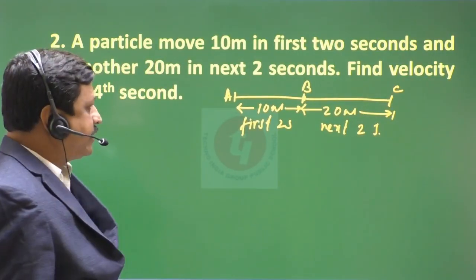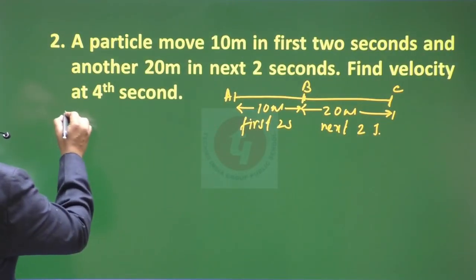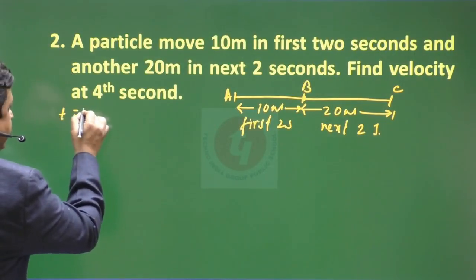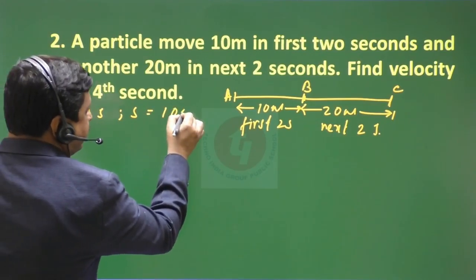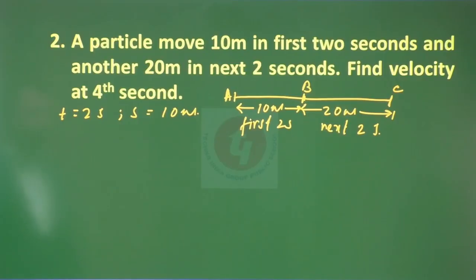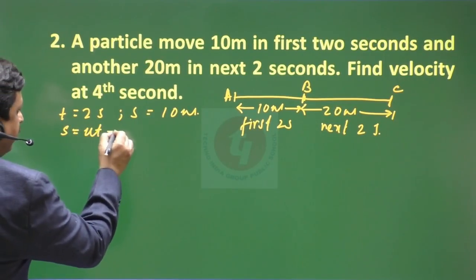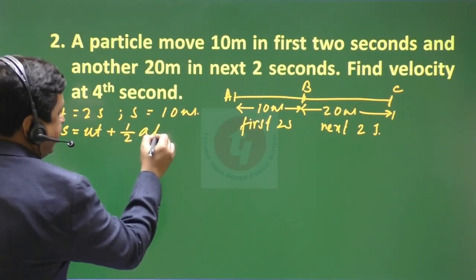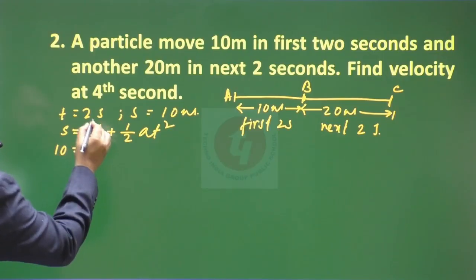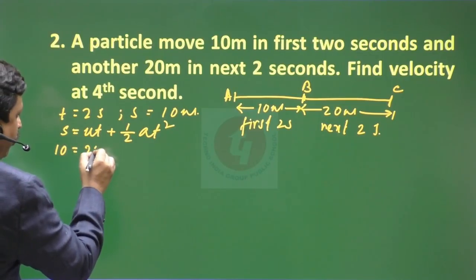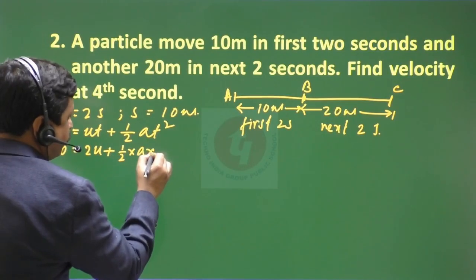In the first case, t equals 2 seconds is given, and displacement s equals 10 meter is given. That means we can put in the equation s equals ut plus half at square, that means 10 equals u into 2, that is 2u, plus half into a into 2 square, right?